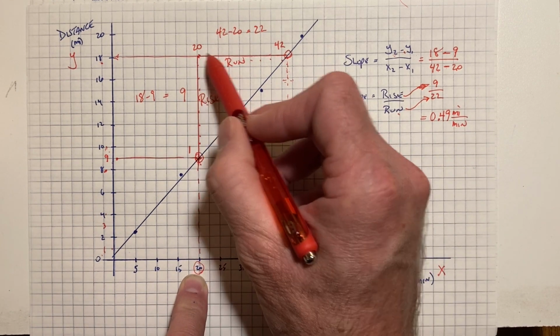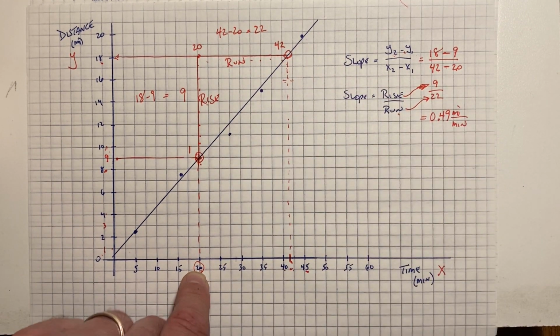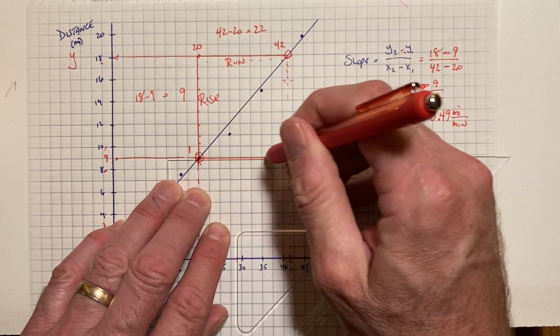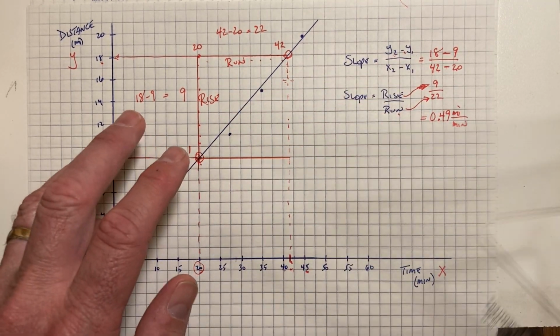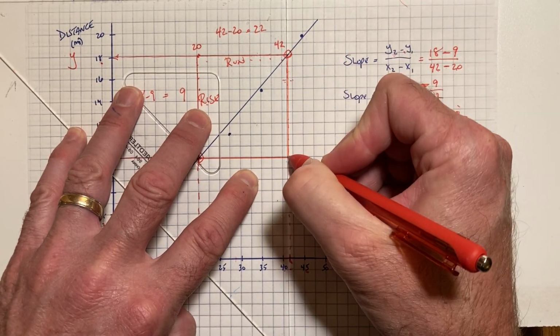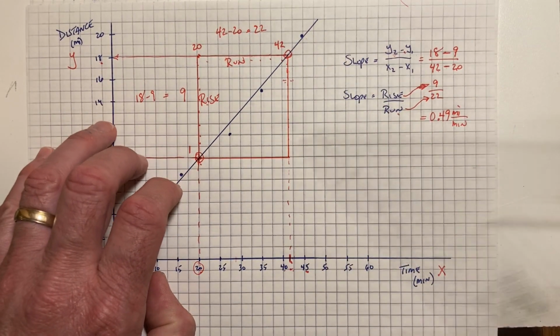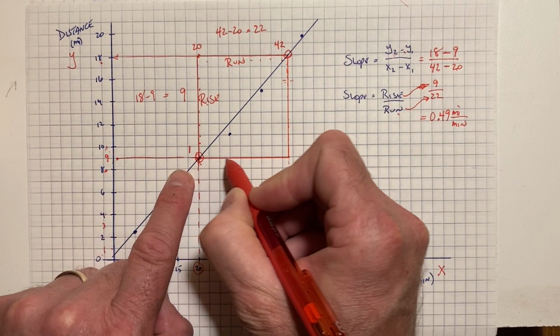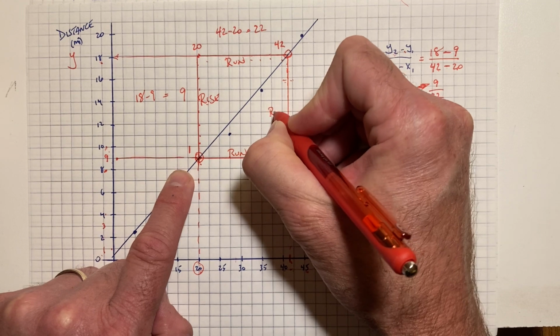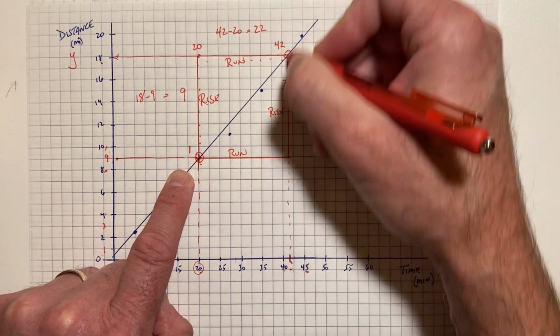Now I made this triangle. Could I make this triangle down here? It seems like things would be a little different. But remember that you always run horizontally and you always rise upward vertically.